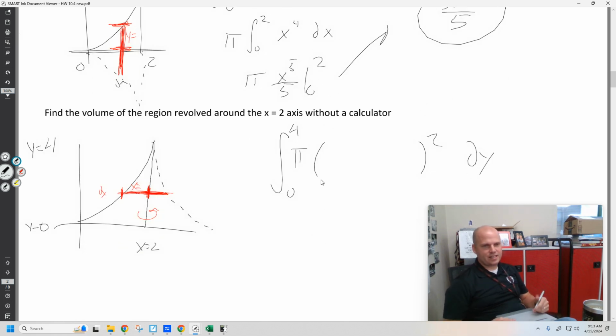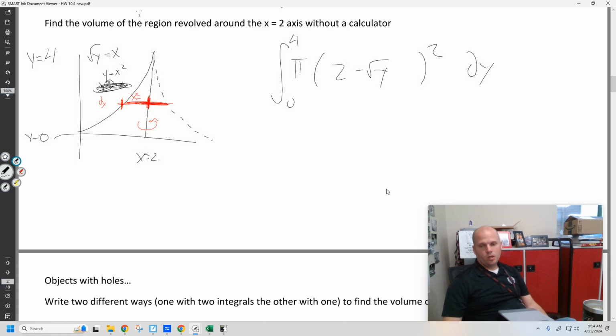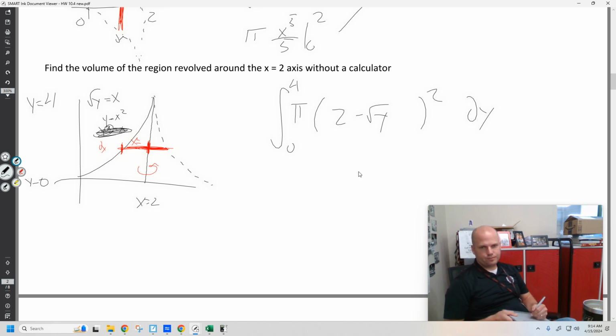What is the x distance? Well, you can see the radius of this cylinder goes from an x equals 2 to an x equals, well, y equals x squared, so that's an x equals root y. So 2 minus root y. Okay? If you want to do this without a calculator, it will suck, but you can do it.